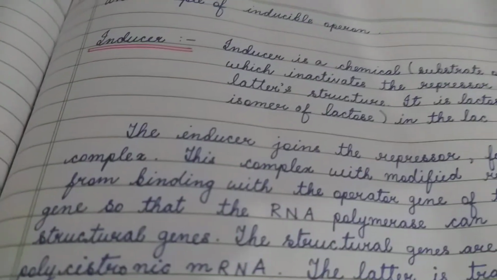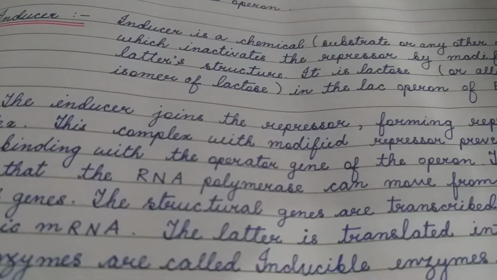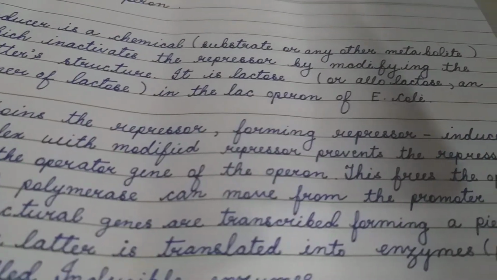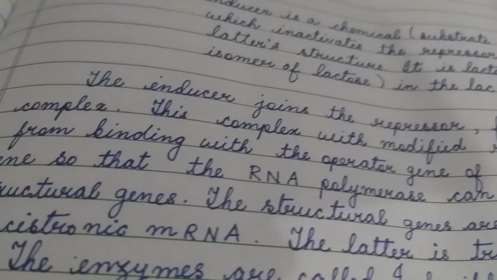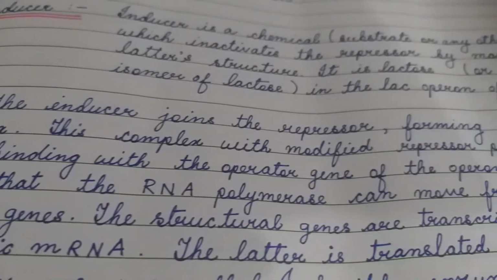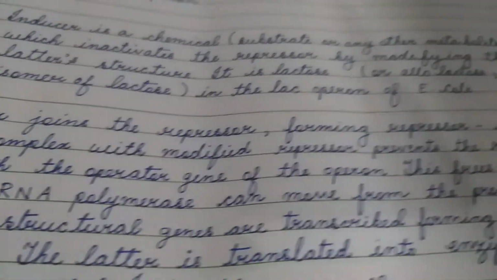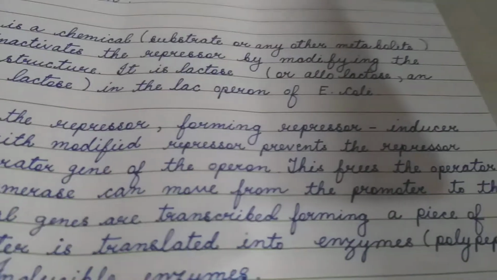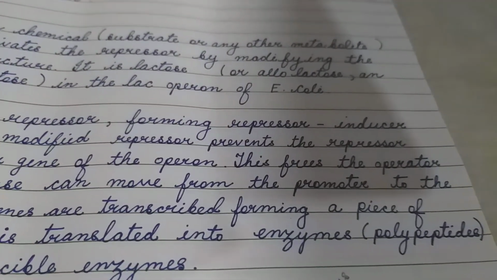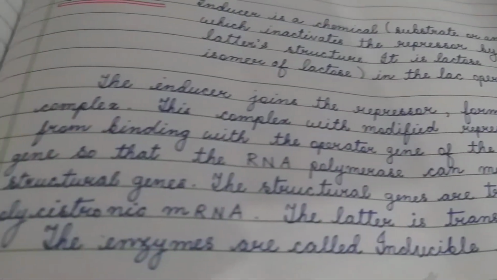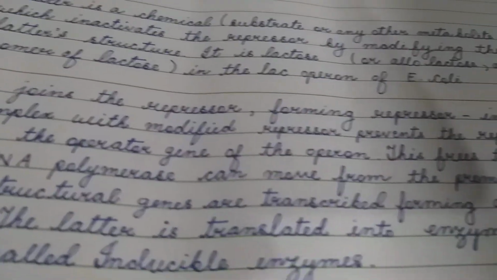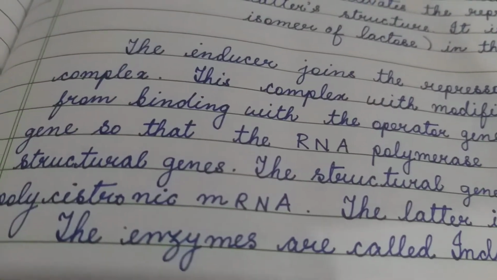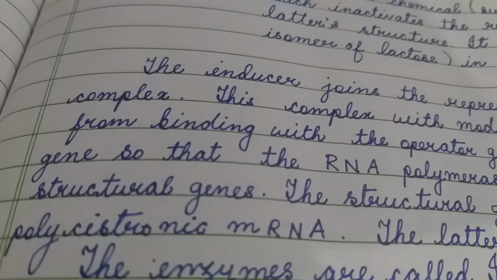This complex with modified repressor now prevents the repressor from binding with the operator gene of the operon. This keeps the operator free so that the enzyme RNA polymerase can move from the promoter to the operator gene and then to the structural genes.